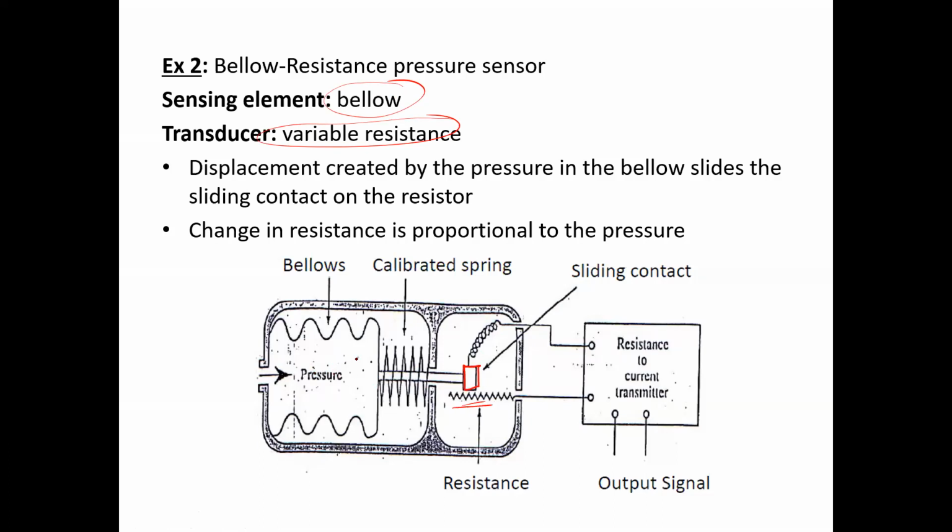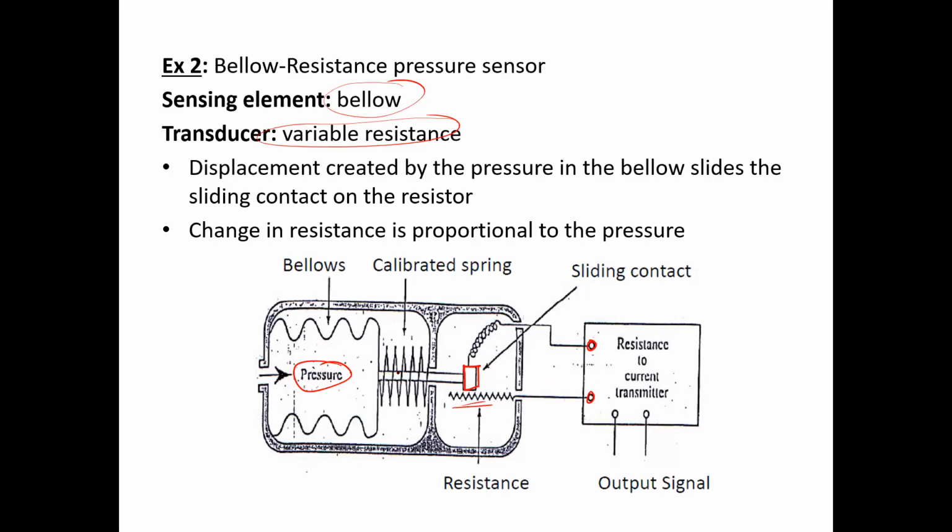So whenever there is applied pressure, there is some expansion or compression of the bellows, the position of the sliding contact will change, and according to the position of the sliding contact from these two terminals, the resultant resistance will also change, and with respect to the change in resistance, the further output can be processed.